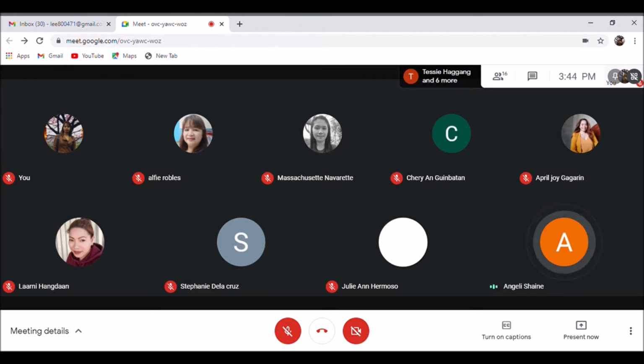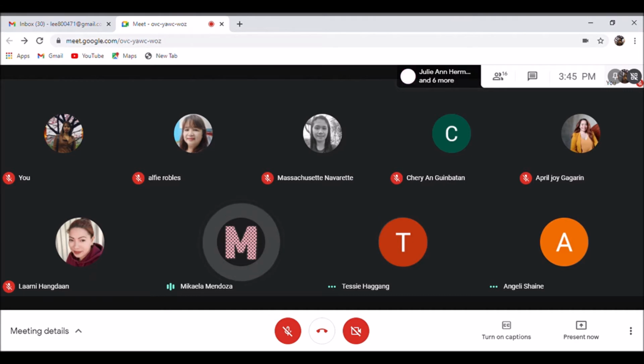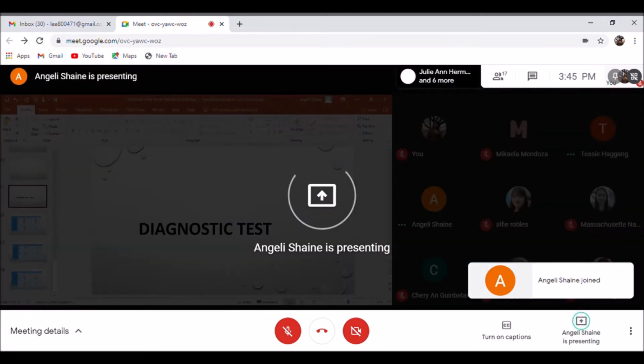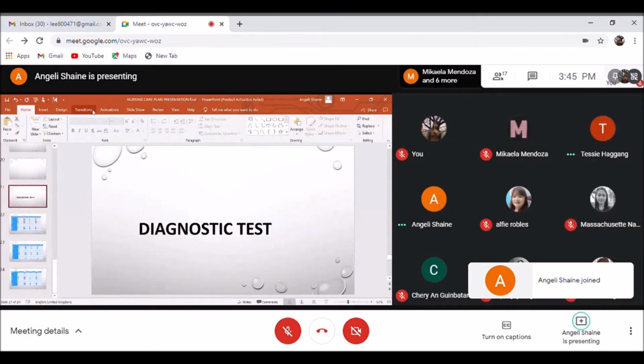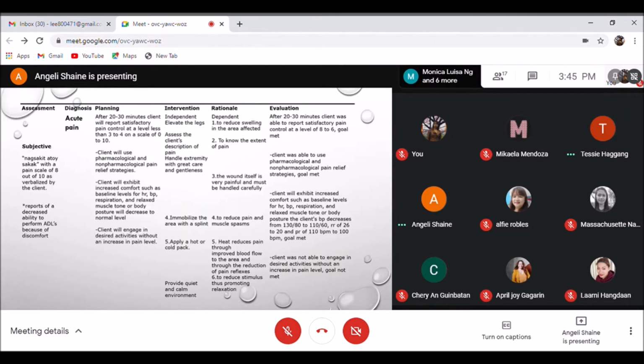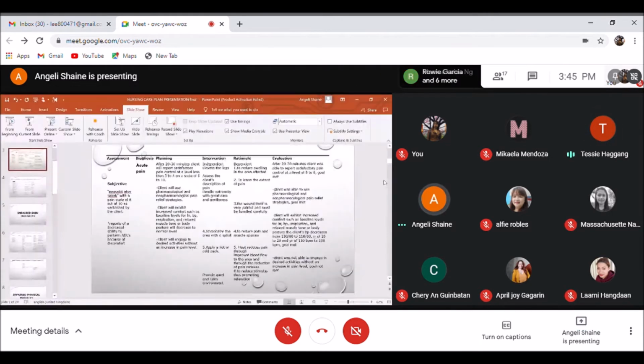Diagnostic na ba? Hindi ko alam siya ano ba? Diagnostic na ba? Yes po. Oo. Ay, La-Arnie. Yung sa atin. Shen. Oh, Shen.